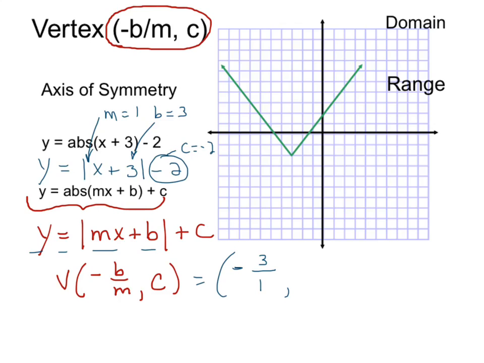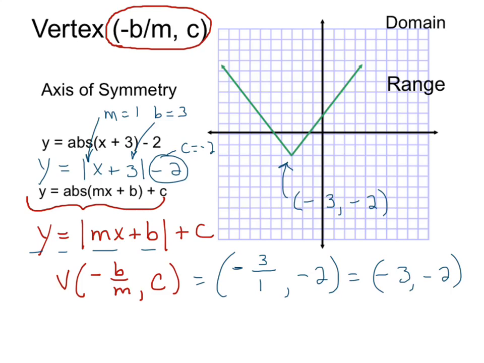For our y coordinate, we use c, which is -2 in this case. So our vertex is at -3, -2. And you can see that's right there. That is the vertex, in case I forgot to mention that. Okay, that's the lowest point in this case of this absolute value function.